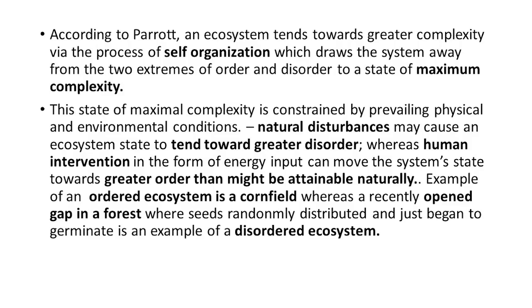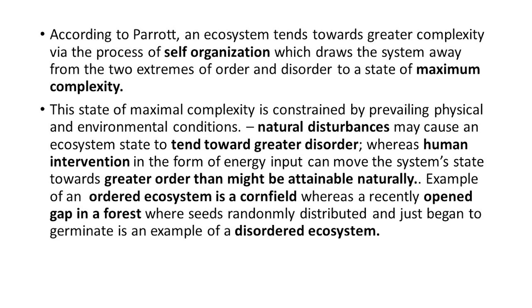According to Parrott, an ecosystem tends towards greater complexity via the process of self-organization, which draws the system from the two extremes of order and disorder to a state of maximum complexity. The state of maximal complexity is constrained by prevailing physical and environmental conditions.